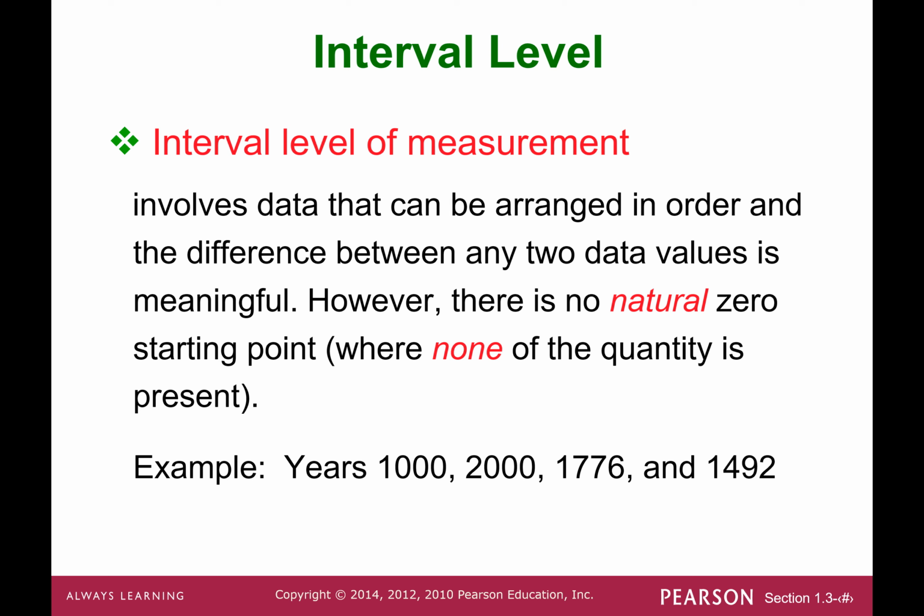And then the interval level of measurement involves data that can be arranged in order, and the difference between any two data values is meaningful. However, there's no natural zero, no zero starting point. For example, time in years: year 1000, year 2000, the difference between them is meaningful.